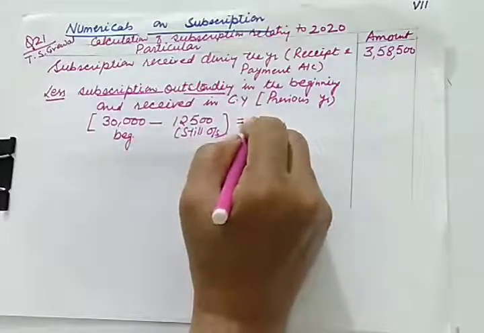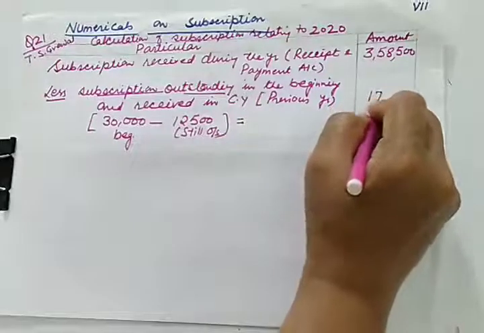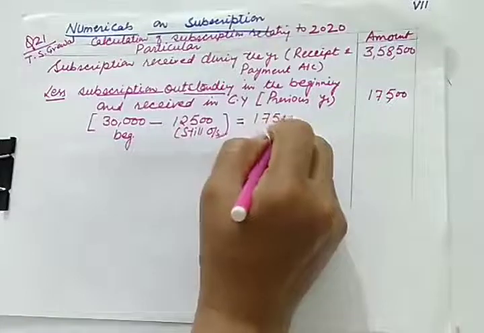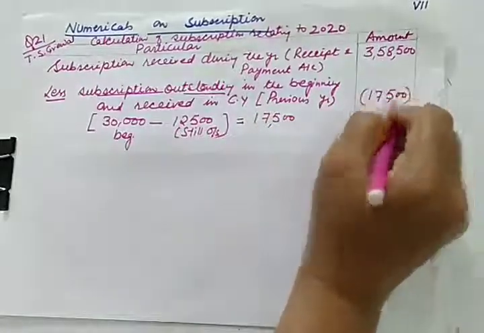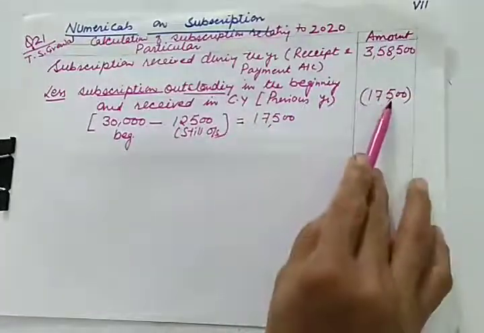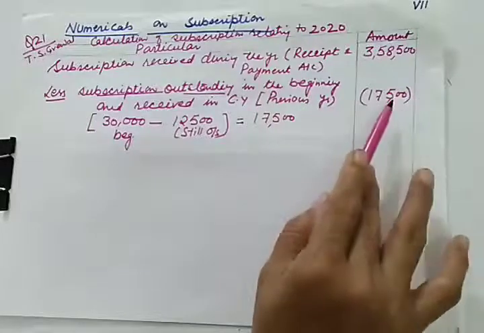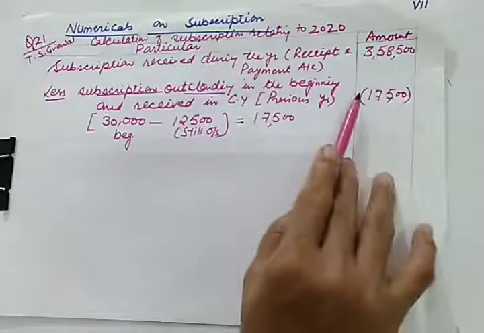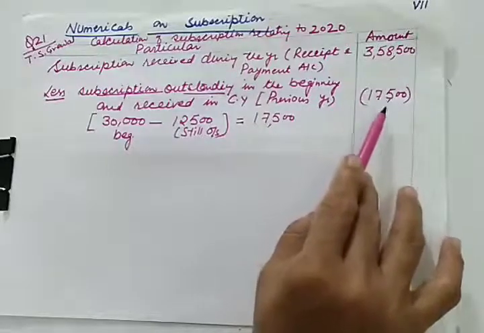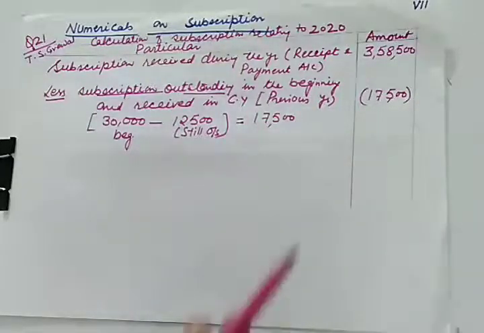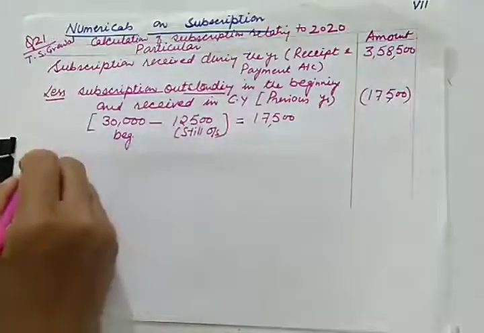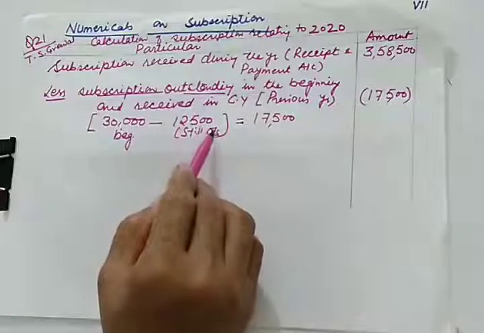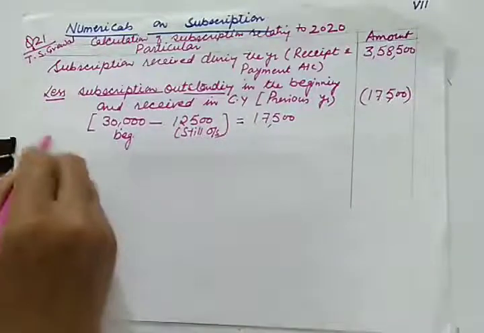The subscription which is received is 17,500. So you need to deduct 17,500 because this is the amount received in current year but related to previous year. In this particular case there are chances of committing an error. So from total outstanding of previous year we are deducting still outstanding of previous year.